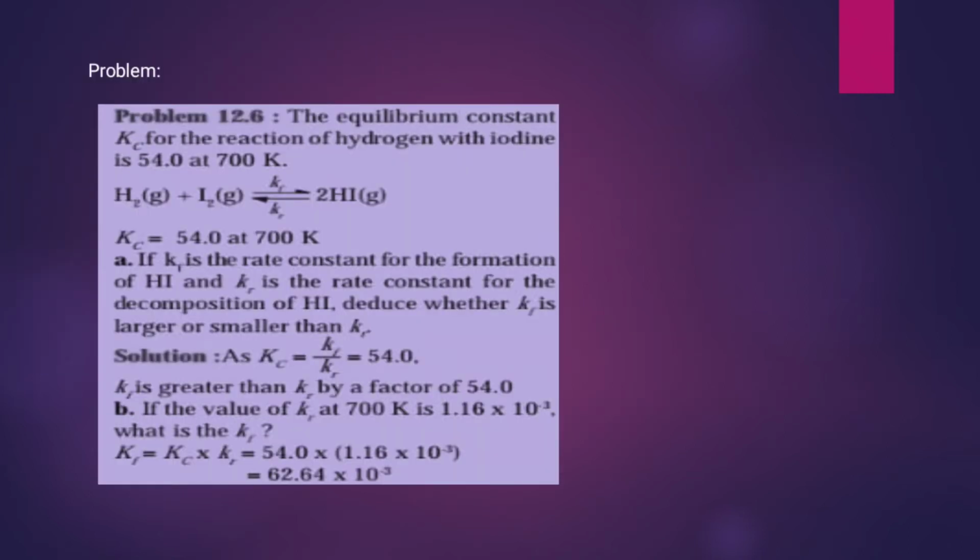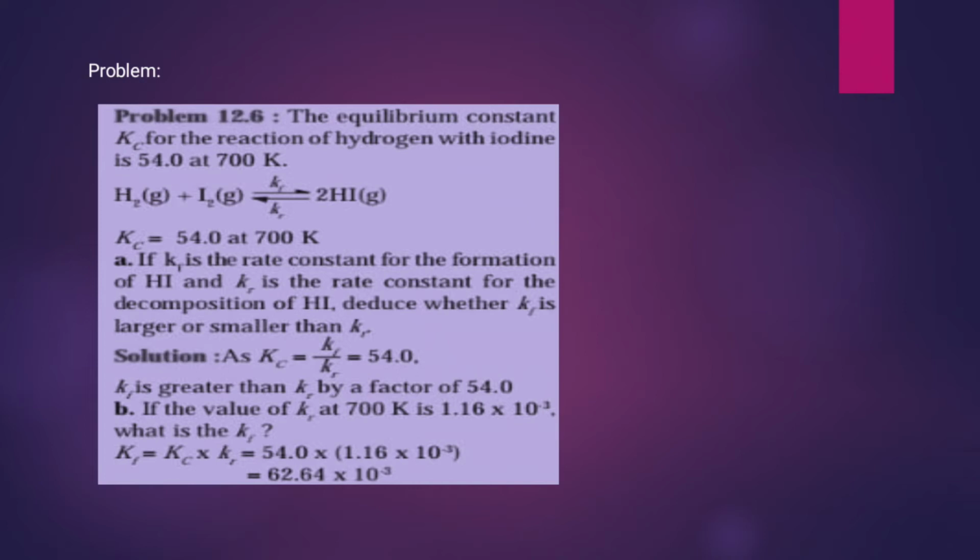Now let us see one example. Here we'll see one problem. If the equilibrium constant Kc for the reaction of hydrogen with iodine is 54 at 700 Kelvin, see the reaction: H2 gas reacts with I2 gas, reversibly giving 2HI. Kf is the rate constant for the forward reaction, and Kr is the rate constant for the backward reaction.